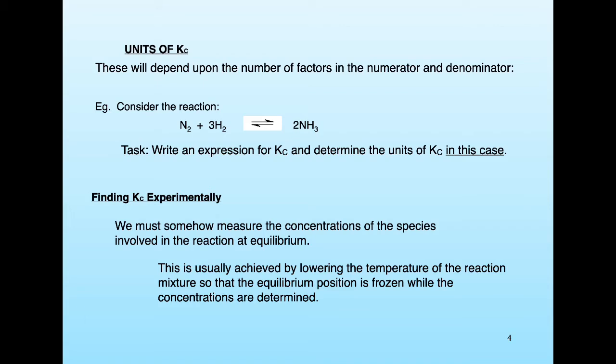So what we do is we allow equilibrium to be reached, and then we suddenly lower the temperature of the reaction mixture so that we stop the reaction, not literally freeze it, so the equilibrium position is frozen while we determine the concentrations. This is one way of doing it. We take the temperature down, and by kinetics we slow the reaction, and then we find out the concentration of one of the reactants or products.